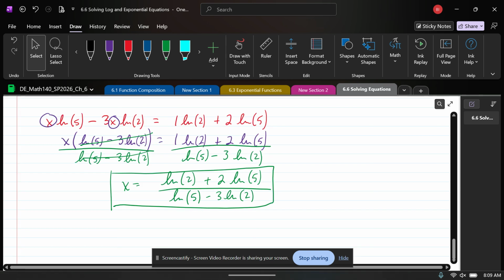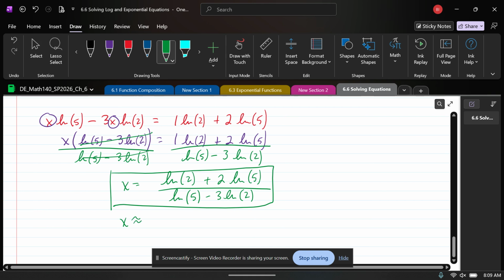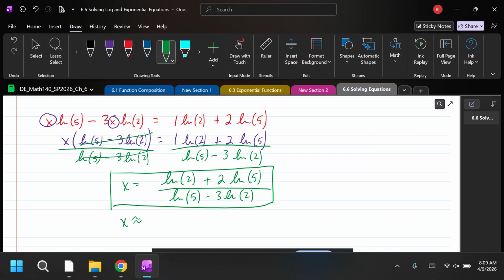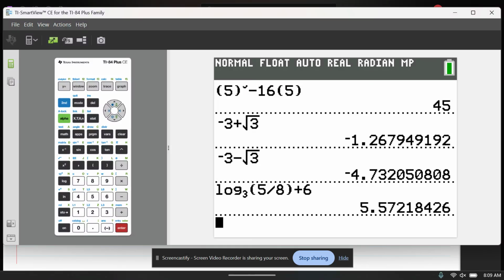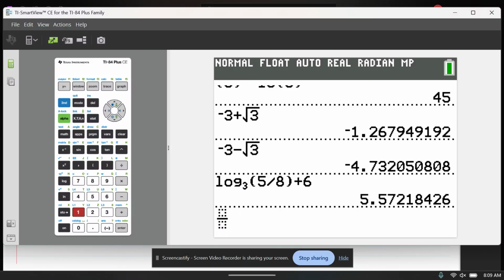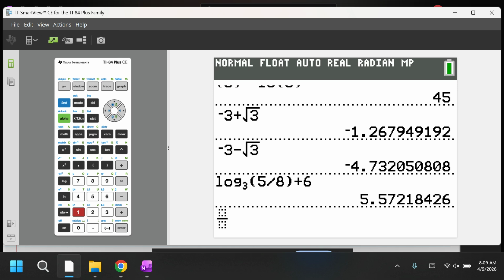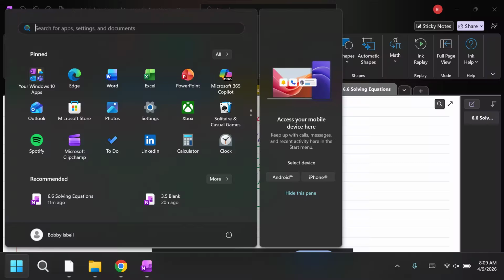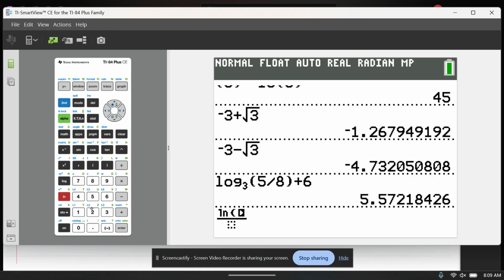Now we just need to get a decimal approximation for that. So if you've got the TI-84, the fraction button is going to be your friend there. I'm going to use the fraction button to help me separate that. On the top part, I've got natural log of 2, plus 2 natural log of 5. So on my calculator, I'm putting in natural log of 2, close the parentheses, plus 2 natural log of 5.